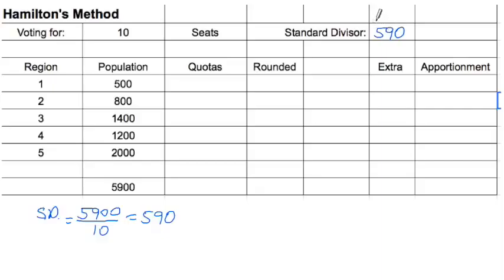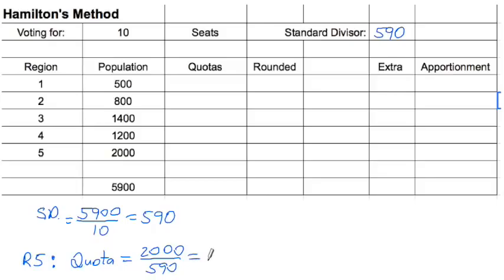Now what we need to do is take the standard divisor and literally divide it into each one of these numbers. So I'm going to do one of them, and then I'll just paste the rest of them in here. So if we were looking at region 5, its quota, unrounded, would equal the 2,000 that live in region 5 divided by the standard divisor, which is 590.